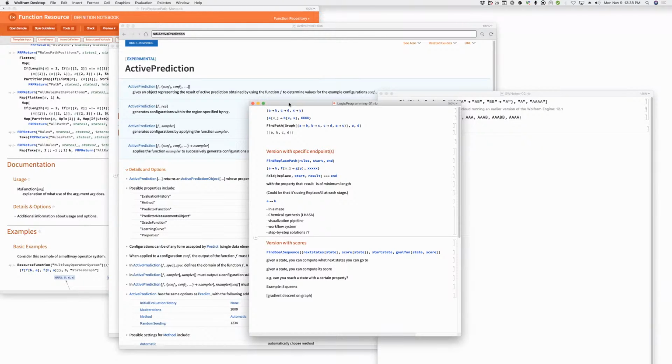Okay, so then we had this idea. A find goal sequence where there are scores. This first one is okay.